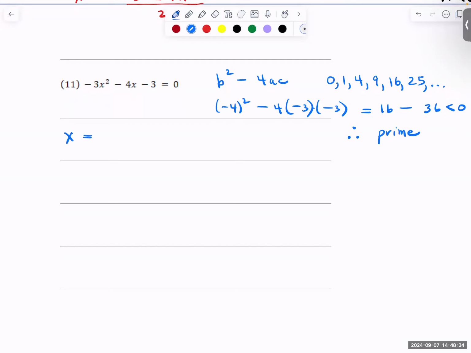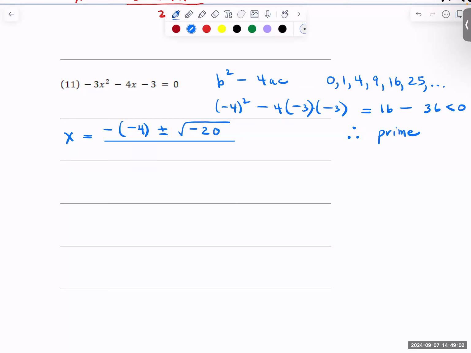X equals negative b plus or minus square root of the discriminant, which is negative 20. And until we review imaginary numbers, as soon as we get square root of a negative number, we have a number that's not in the set of real numbers.